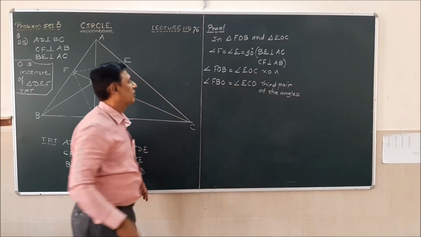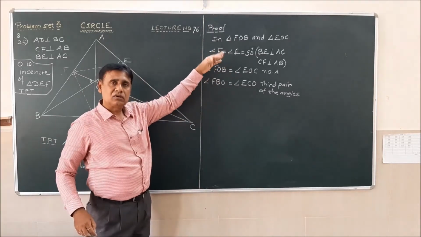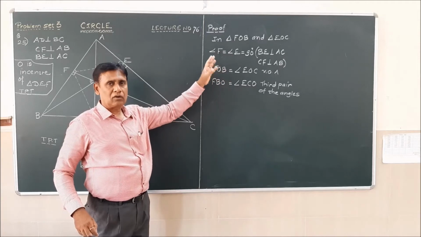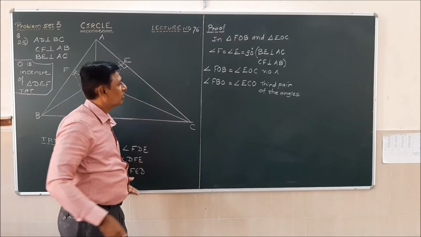This is a very important step. Why? Because two angles of two triangles are congruent, naturally the third pair of angles is going to be congruent.